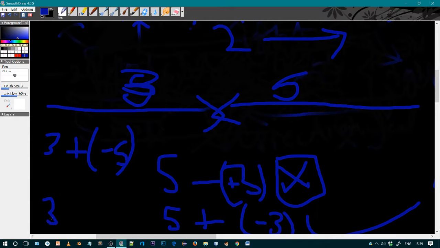You might write 3 minus 5 in the exam, it's correct, but you need to know that this vector has a negative sign associated with it. And when you find the resultant vector or the net vector, you add those vectors together, but the vectors have signs associated with them. That is an important point to remember.